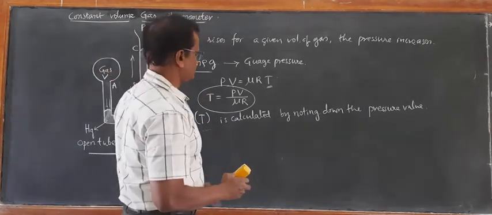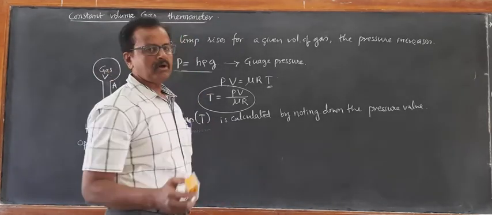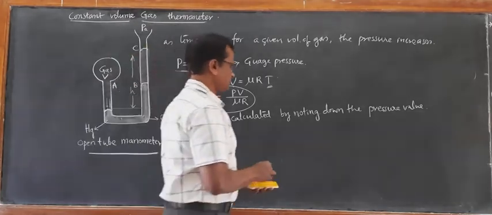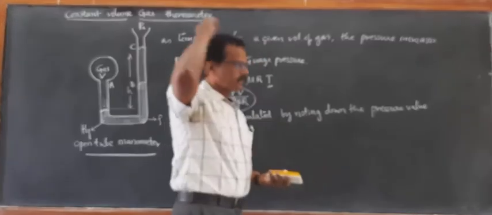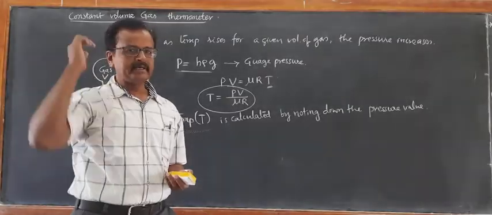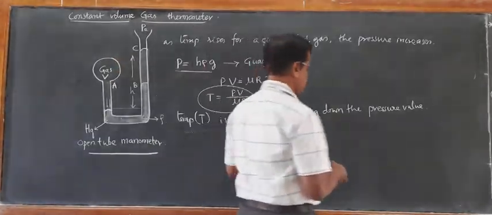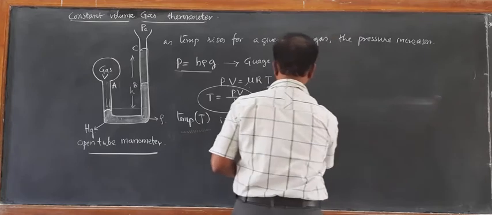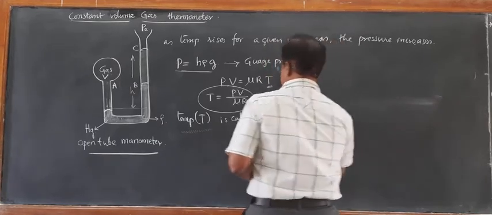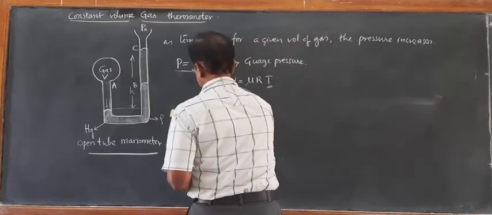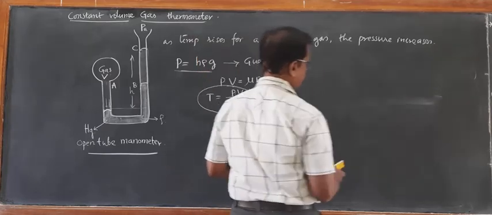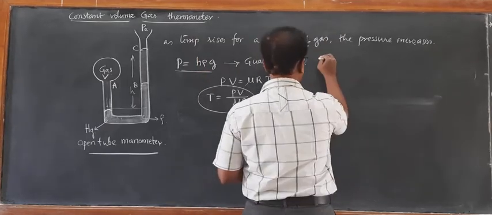Now, with the help of this, we will be able to draw the three scales: the absolute scale, that is the Kelvin scale; the degree Celsius scale, that is the Celsius scale; and the Fahrenheit scale. If you draw the graph, then we can have a comparison.